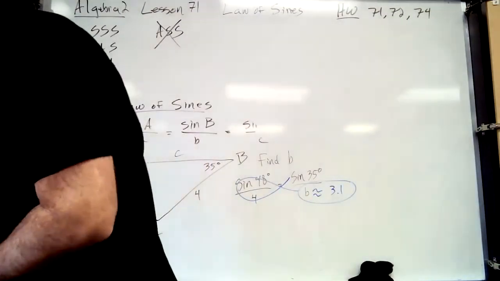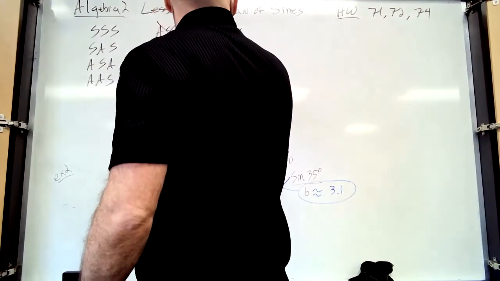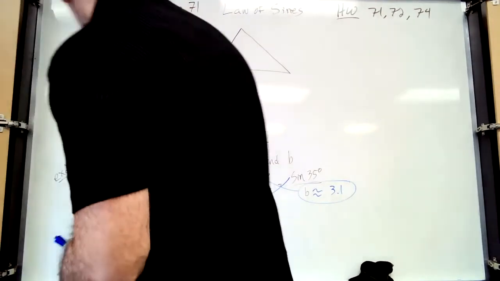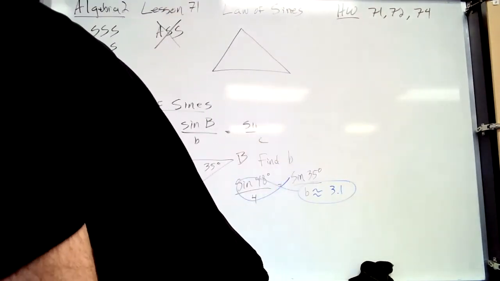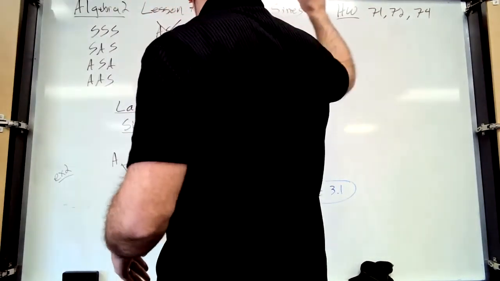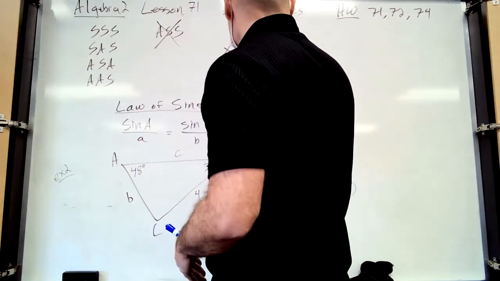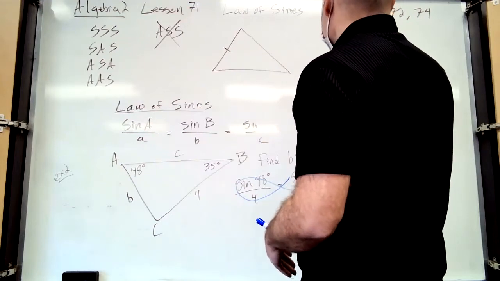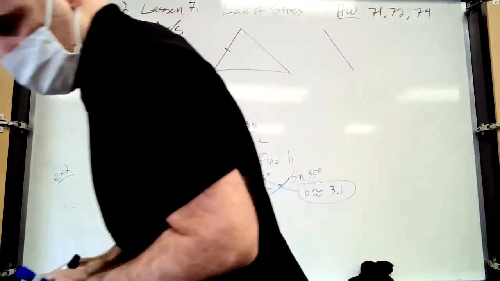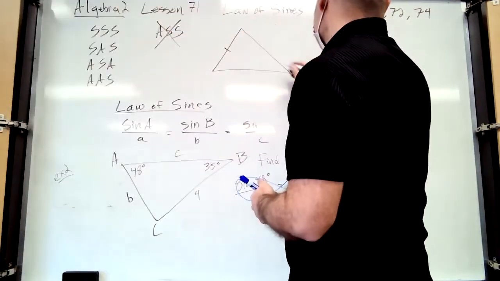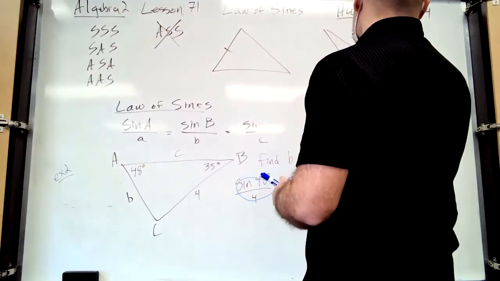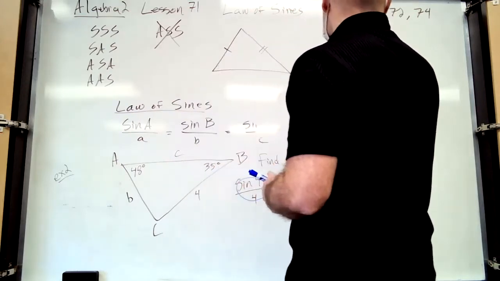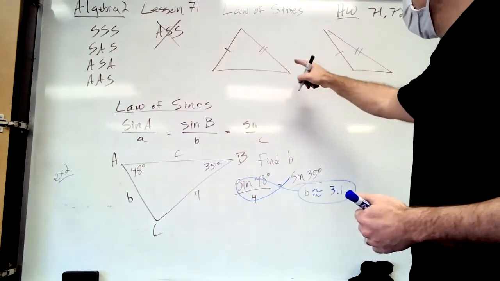Here's why. Because if I had this triangle, and let's say that this side was congruent to this side. Okay, bear with me here. But see, this is the same as that. So see how this doesn't work? Because that is still the same there, right?